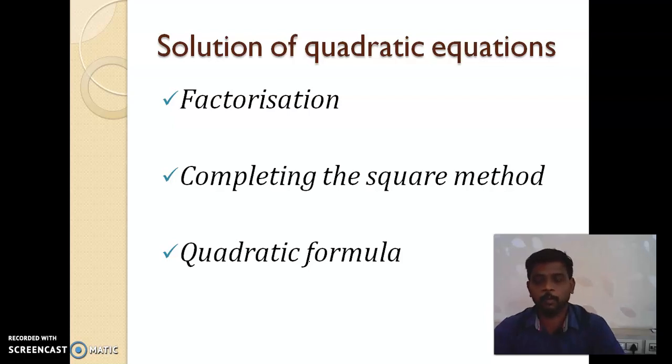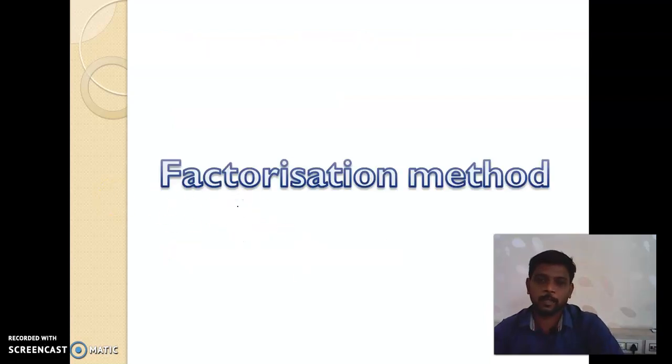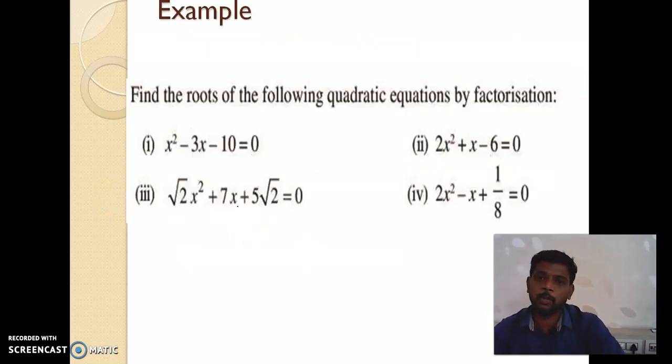Let us see them one by one now. First, the factorization method. In this method, you already learned in your lower section how to find the solution of quadratic equations using factorization. Two methods are available: one is splitting the middle term, and another simple way is the I method.